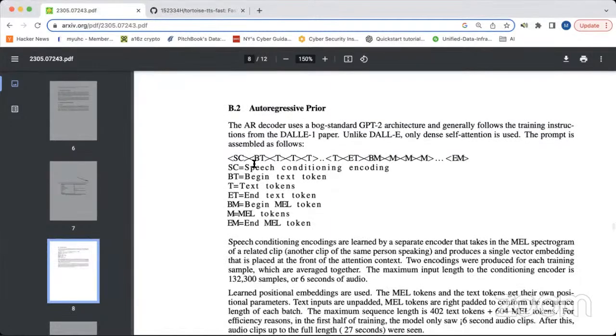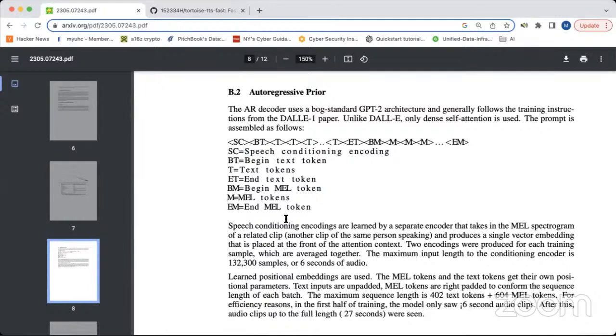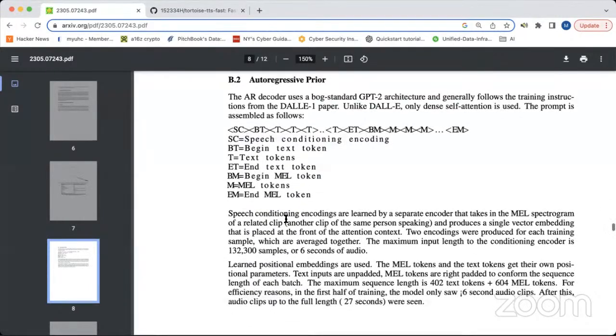This was interesting: speech conditioning encoding, begin text token, the text tokens, end text token, begin MEL token, the MEL tokens, and end of the MEL tokens. This we are familiar with, right? They use special tokens to designate the text and the MEL encodings.